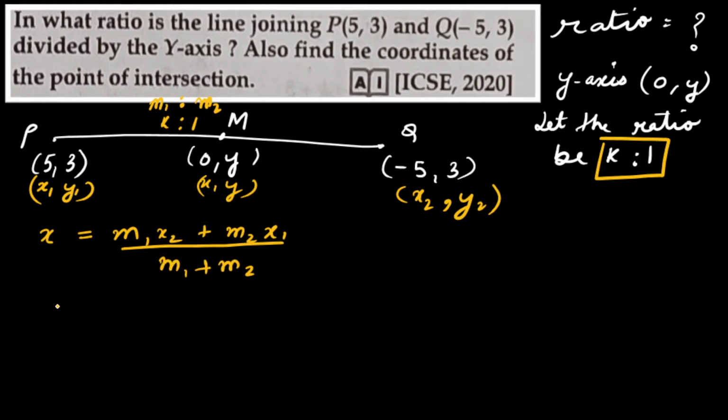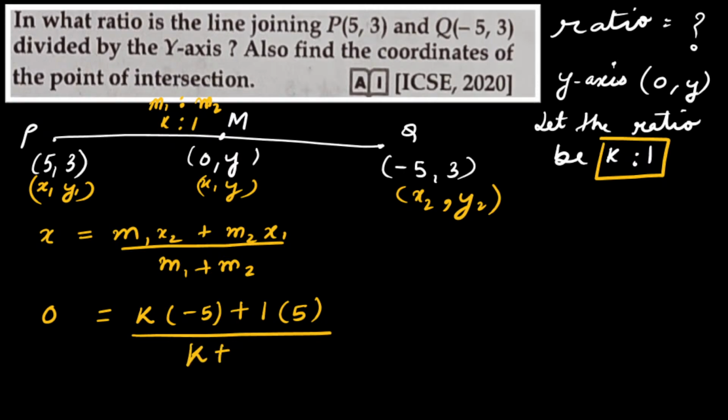Substituting, 0 is equal to m1 is k, x2 is minus 5, plus m2 is 1, x1 is 5, by m1 plus m2.